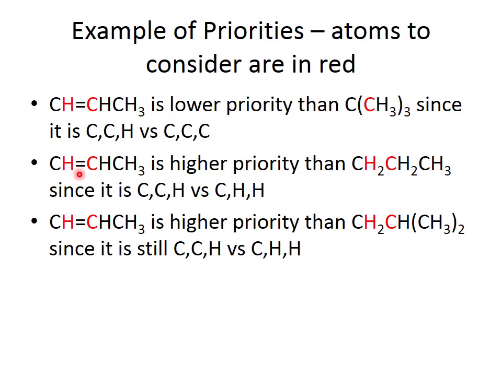Let's look at this one compared to this. If I look at this carbon, what's attached? Carbon, carbon, hydrogen. What's attached here? Carbon, hydrogen, hydrogen. That one has greater priority. Let's look at this. This is carbon, carbon, hydrogen again. What's this going to be? Carbon, hydrogen, hydrogen. Higher priority here.